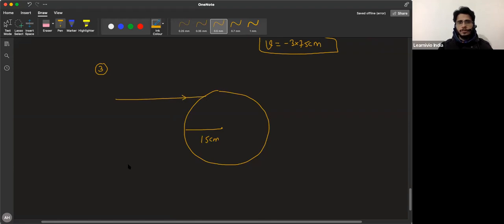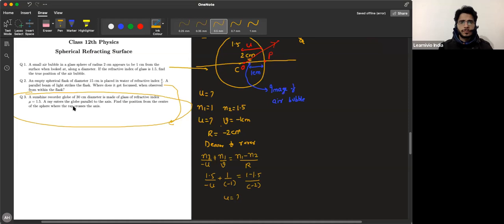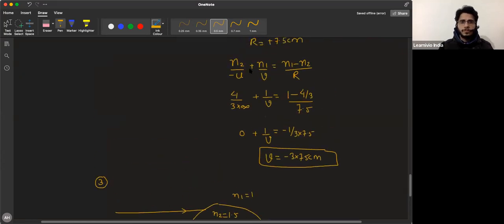Parallel rays incident over it. So rays are coming from infinity, they incident over this. The refractive index is 1.5. N2 is 1.5. Surrounding medium is air, N1 is 1.